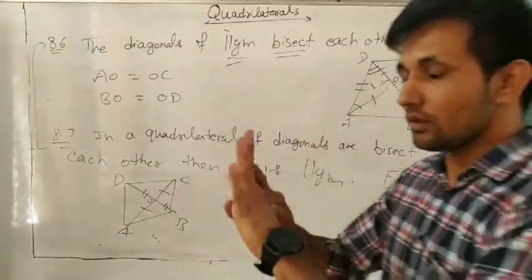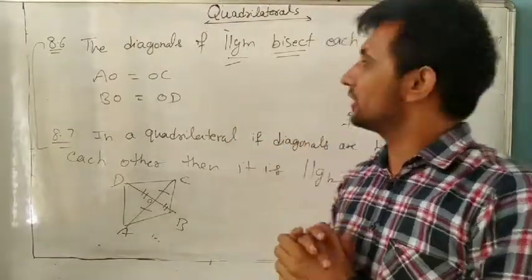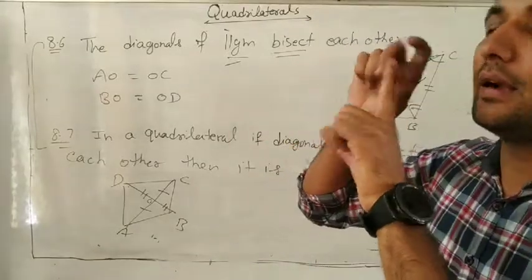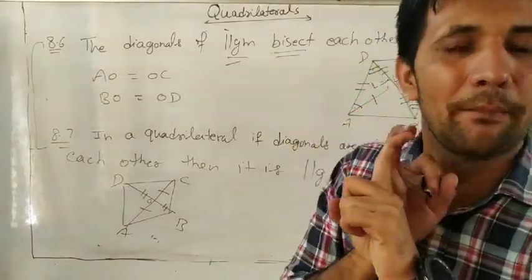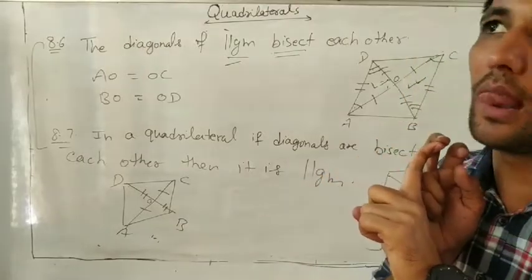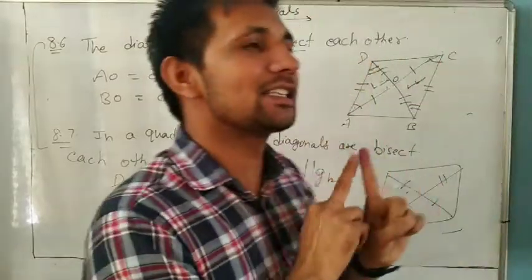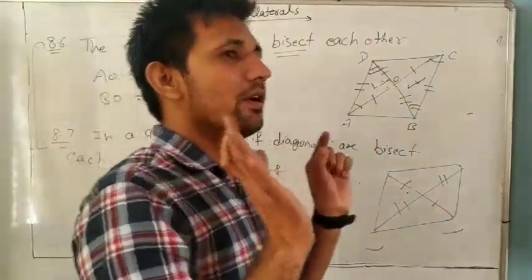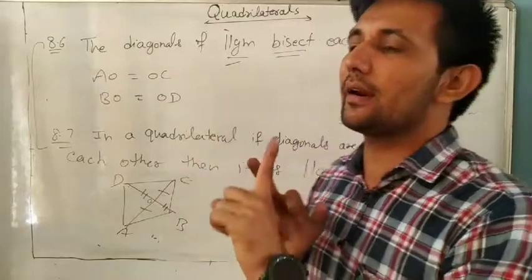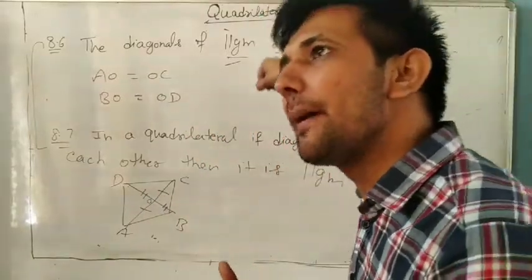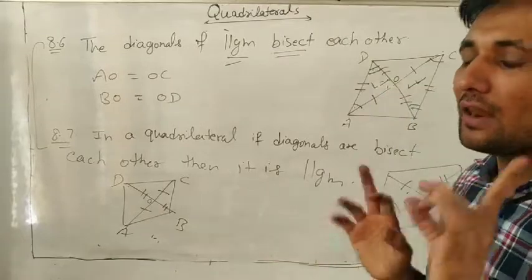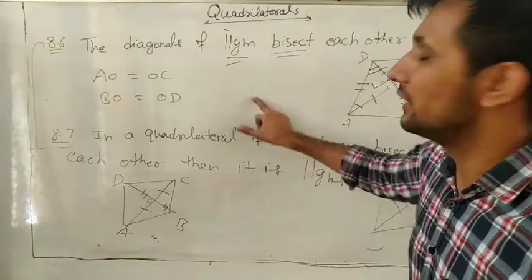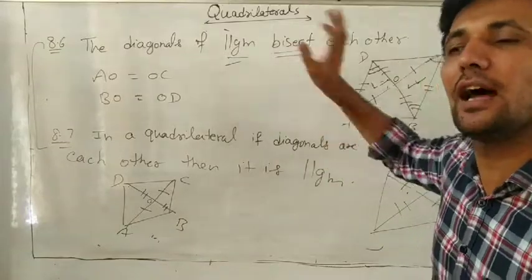I am revising them, so listen to me carefully. First property: in a parallelogram opposite sides are equal. Now the opposite of this one: if in any quadrilateral opposite sides are equal, then it is a parallelogram. So if you want to prove that any quadrilateral is a parallelogram, we will prove that opposite sides are equal.